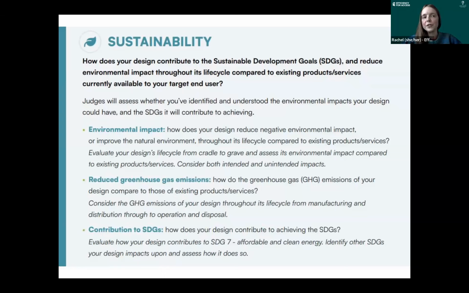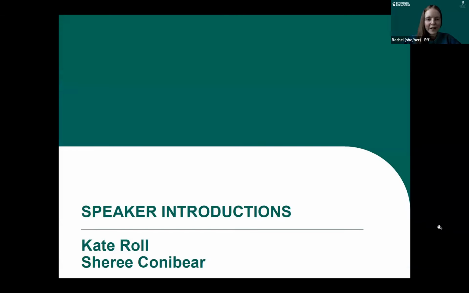If you're making your design affordable and accessible, or if you're having a particular kind of business model, that could help with accessibility and inclusivity and leave no one behind. So it's not just those two, these are really relevant across the board.